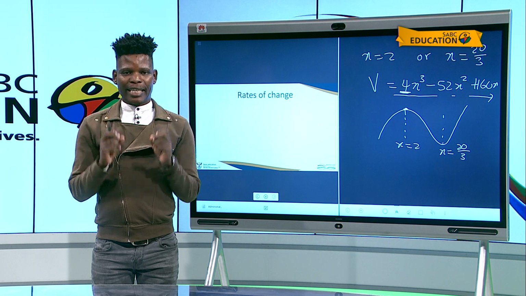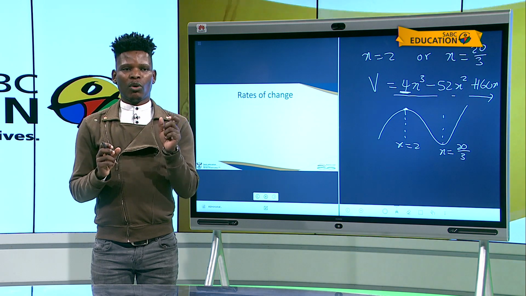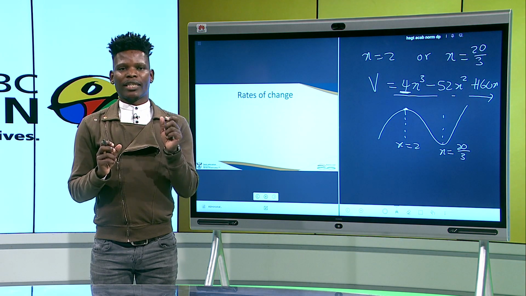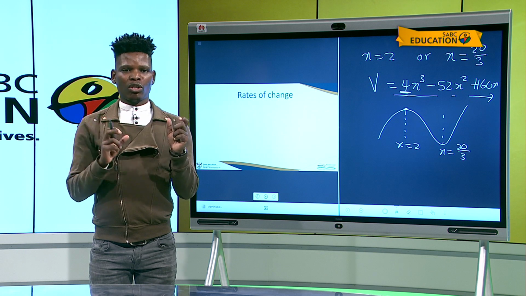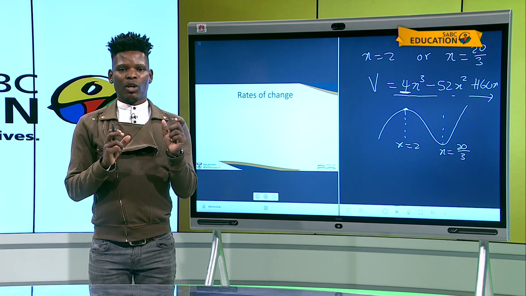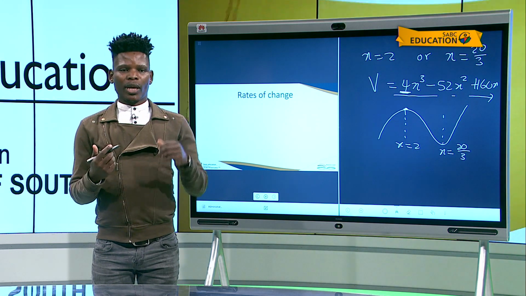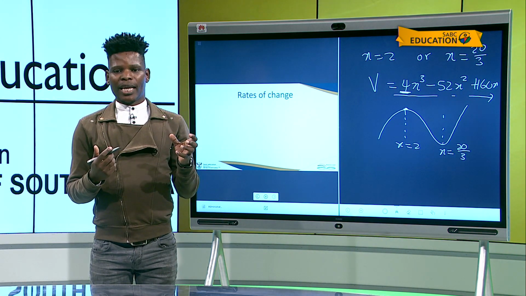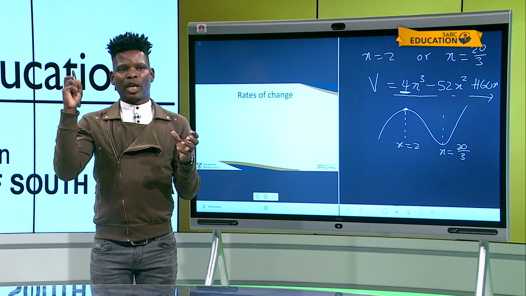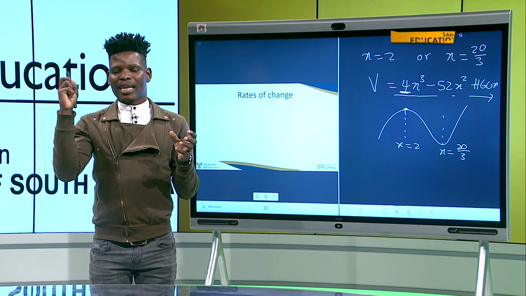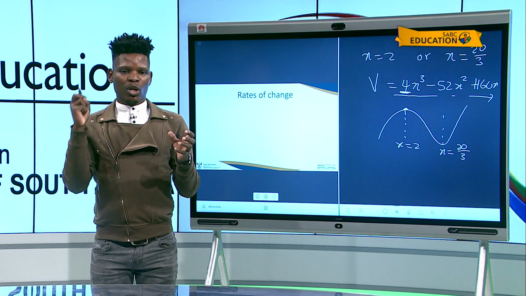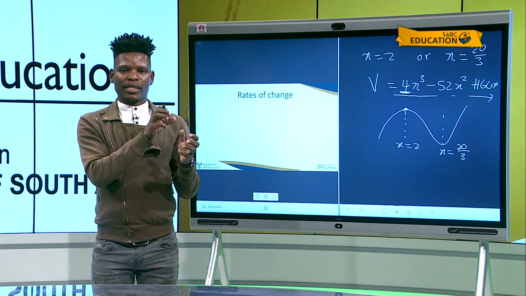Once you have done that, you will have a value of the variable which gives you a minimum or a maximum, but we are not sure whether that value will give you a minimum or a maximum. So we take the second derivative, and you take the value of the variable where you expect to have a minimum or a maximum and punch it into the expression of the second derivative.